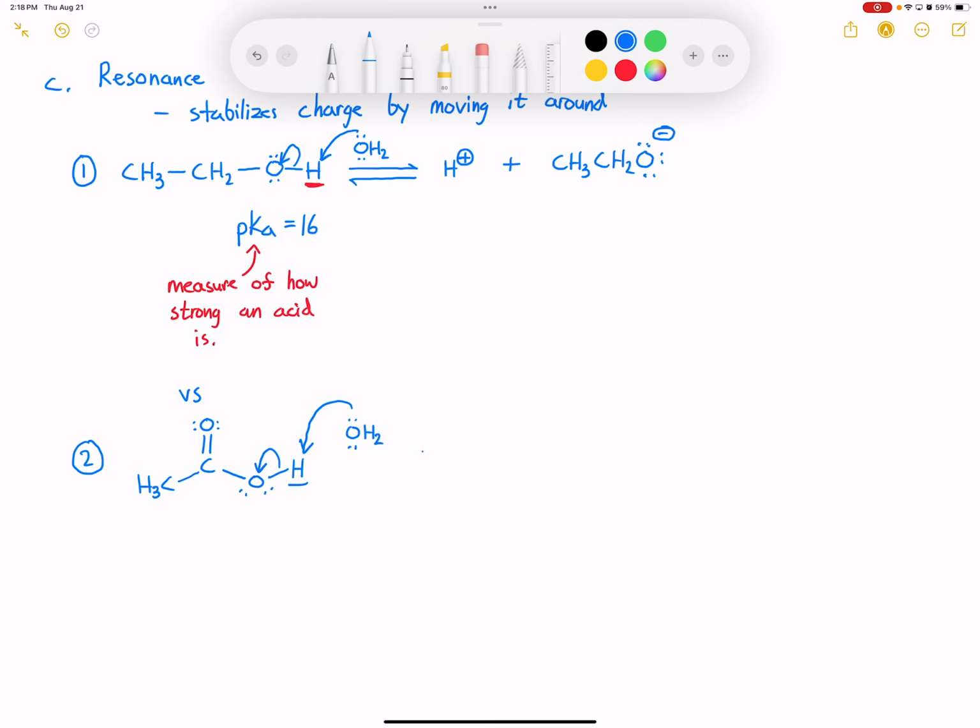Say your acetic acid dissolves in water and it releases hydronium ion. All right. So the pKa of acetic acid is 4.76.